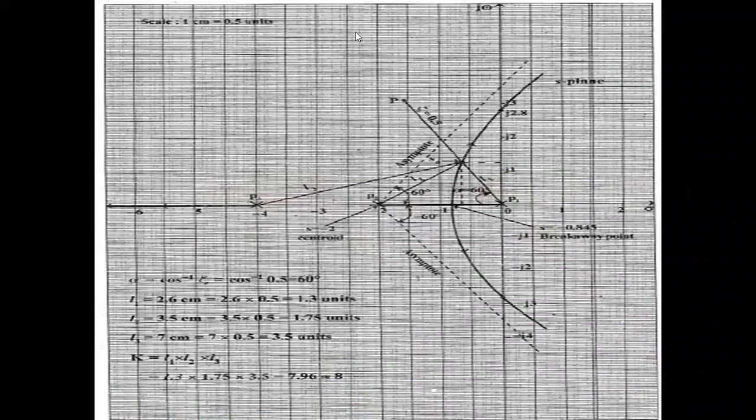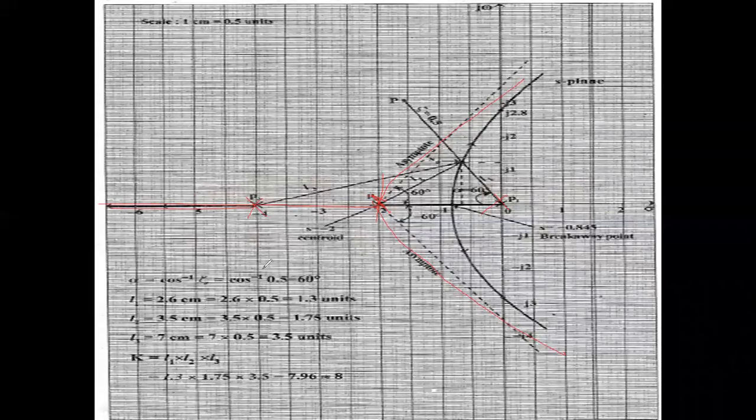Next, this is the figure. The same thing: starting point, one more starting point at s equal to, this is one pole, second pole, and third pole. And this itself is the centroid. These are the three asymptotes.